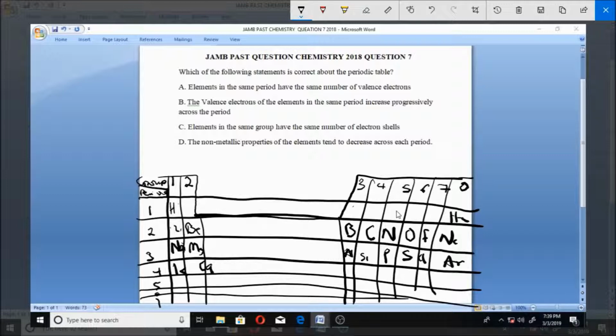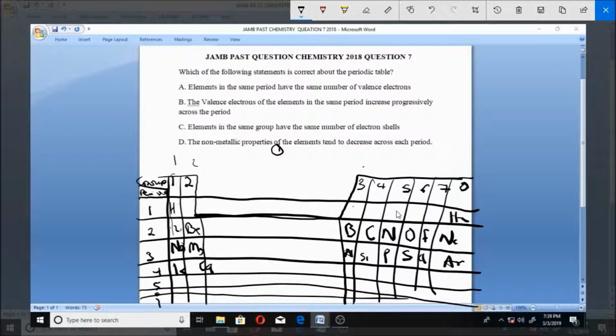So I want you to notice something. This is the groups: group 1, group 2, 3, 4 down. All the elements in the same group have the same number of valence electrons. So what are the characteristics of the periodic table?